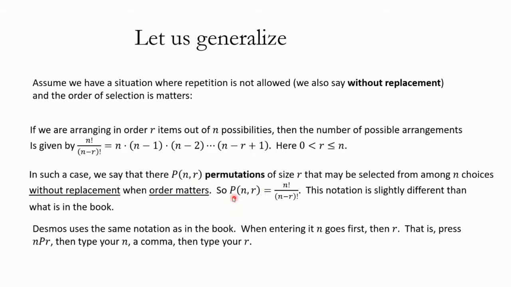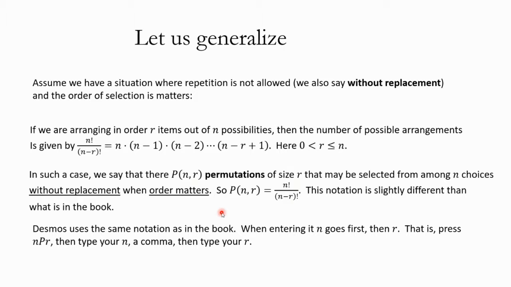So this is how many permutations of size r you can make from n choices. And that's equal to this here. This is not the notation, though, they use in the book. What they use in the book, they do subscript n, capital P, then a subscript r, which is actually what they use on Desmos as well. I just like this notation better, also because I couldn't do their notation on PowerPoint.